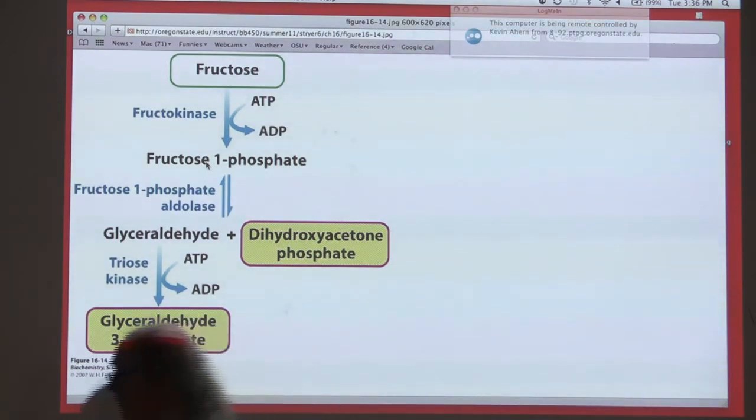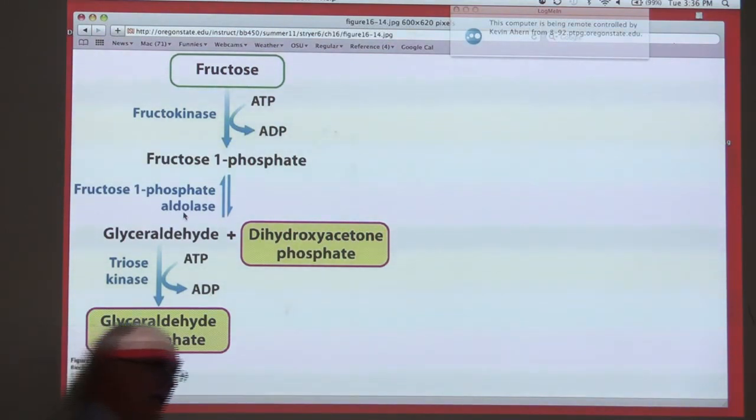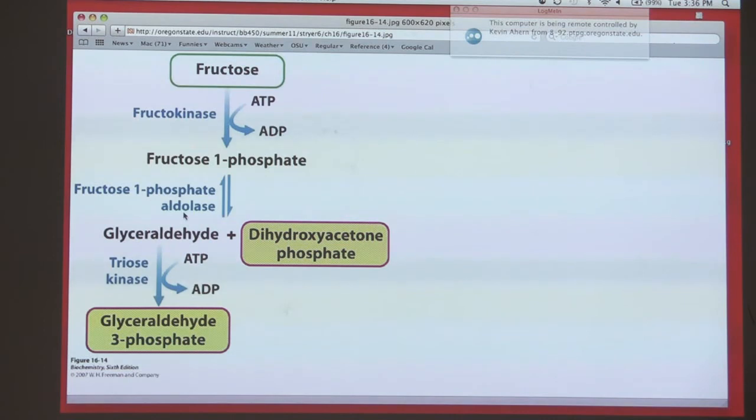Well, fructose 1-phosphate can be broken down by another enzyme in the body called fructose 1-phosphate aldolase. And if you recall the aldolase reaction in glycolysis, it splits F16BP into two pieces. Well, this one splits fructose 1-phosphate into two pieces. It splits it into dihydroxyacetone phosphate, an intermediate in glycolysis. And it also splits it into glyceraldehyde.